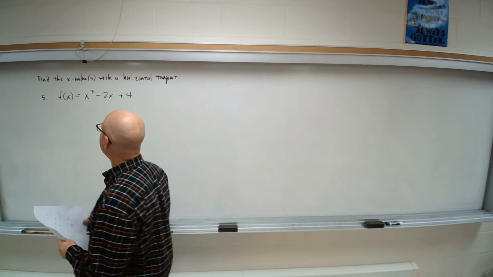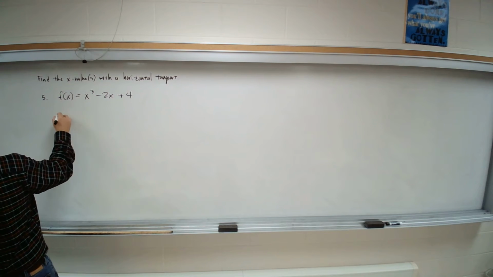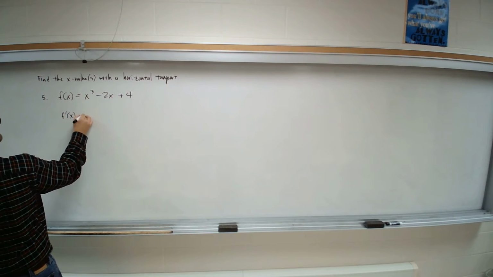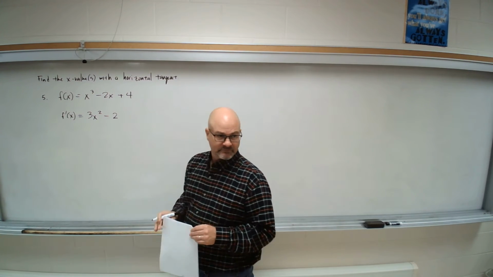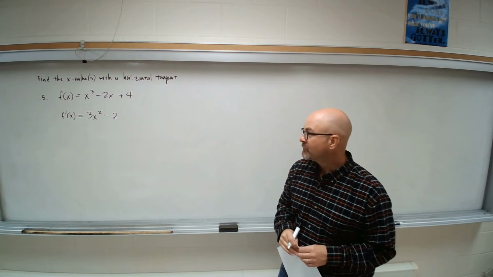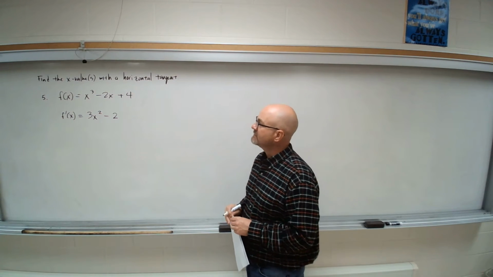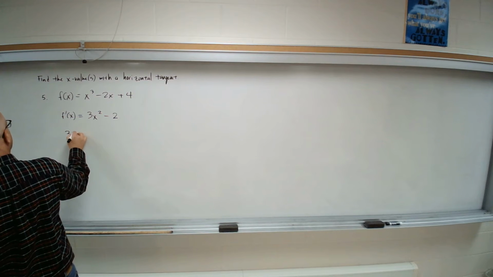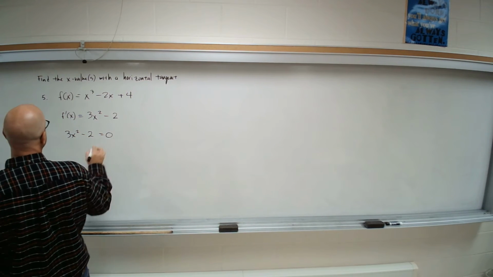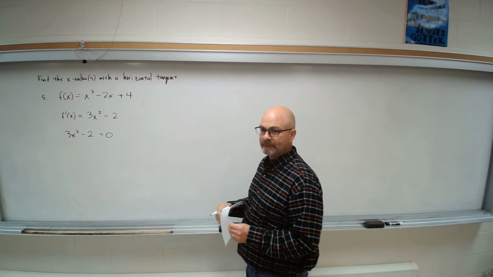So for this one, our first derivative, f prime of x, is 3x squared minus 2. Make sure you get your derivative correct. That would be a good start. And then to find the horizontal tangents, we're going to take 3x squared minus 2 and set it equal to 0.